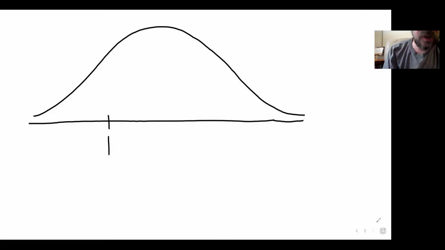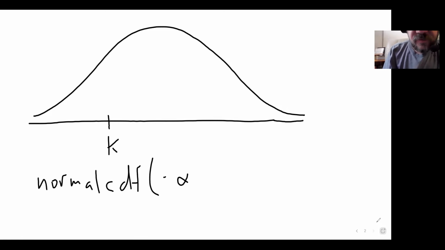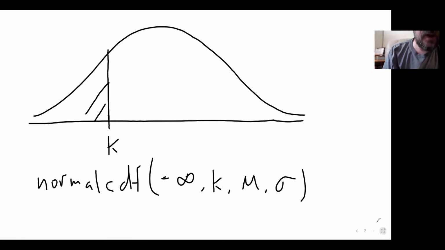So here's my number, k. If I do normal CDF in the calculator, from minus infinity up to k with the mean and standard deviation given, then what that'll give me is this area.